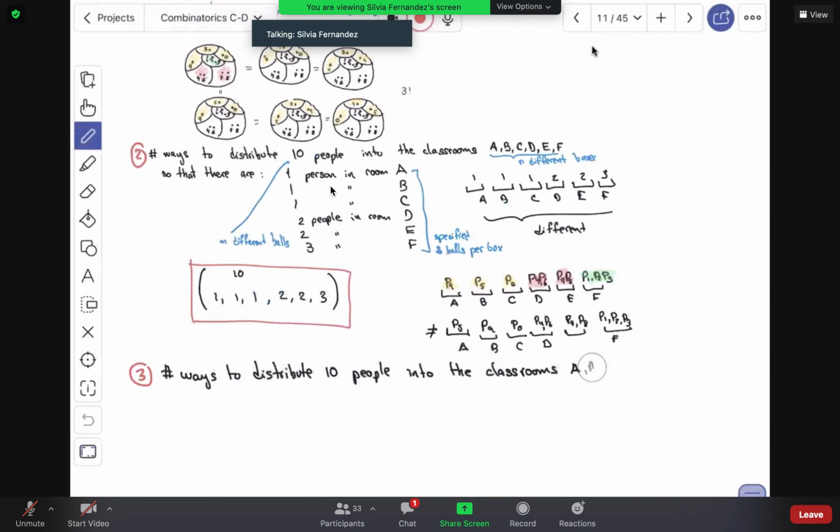So same as before, A, B, C, D, E, F, 6 of them.